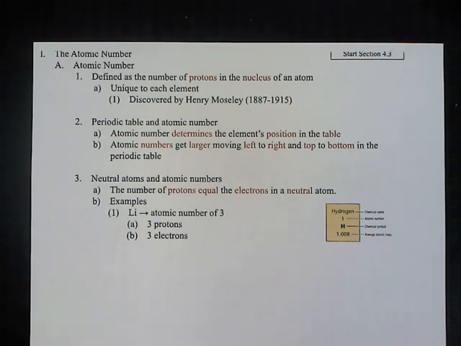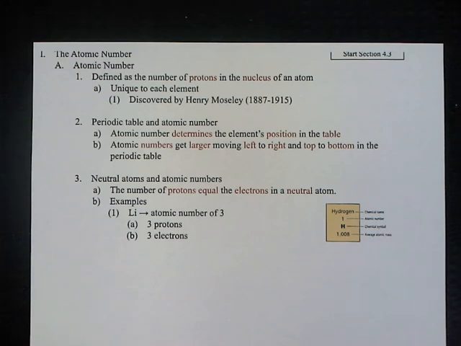Now, before we get going into these notes, there's a few objectives that I would like you to be able to meet by the end of this video. Objective number 1, explain the role of the atomic number in determining the identity of an atom. Objective number 2, define an isotope and explain why atomic masses are not whole numbers.